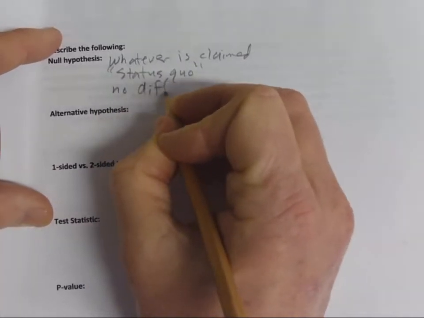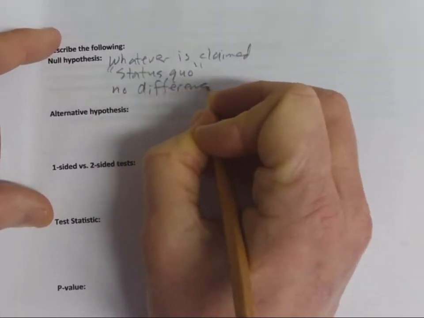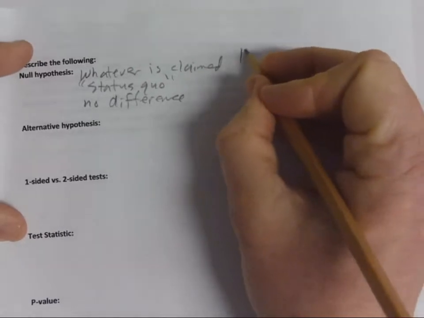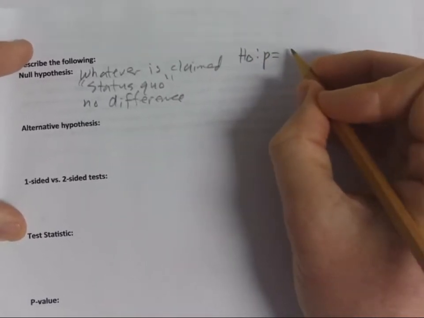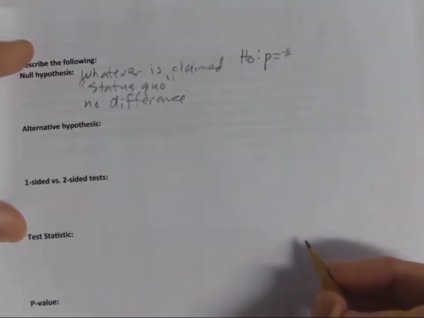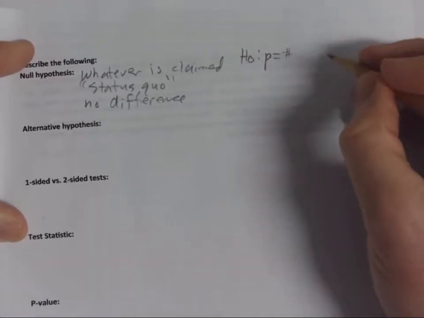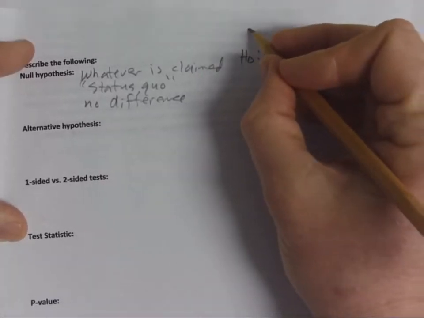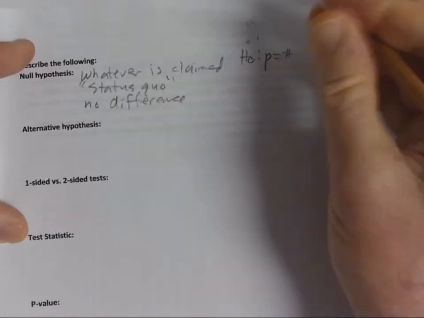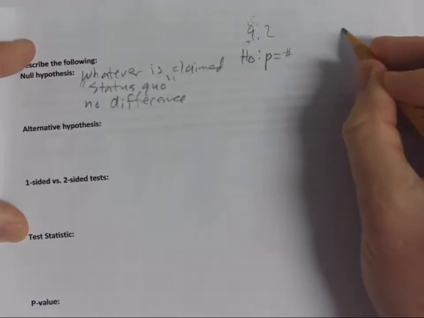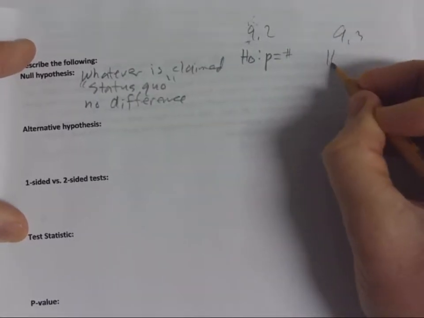There's no change in essence. And so it is always going to look like this. It's always going to be H sub 0, and then p equal to some number, some proportion. That's section 9.2, we're in chapter 9 now. And in section 9.3, it's going to be this.